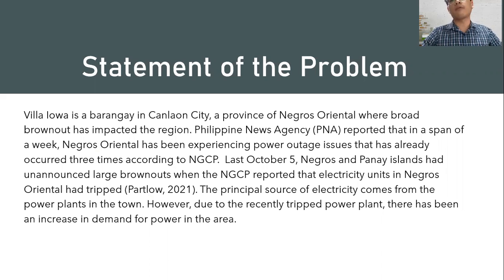Last October 5, Negros and Panay Islands had unannounced large brownouts where the NGCP reported that electricity units in Negros Oriental had tripped. The principal source of electricity comes from the power plants in the town. However, due to the recently tripped plant, there has been an increase in demand for power in the area.